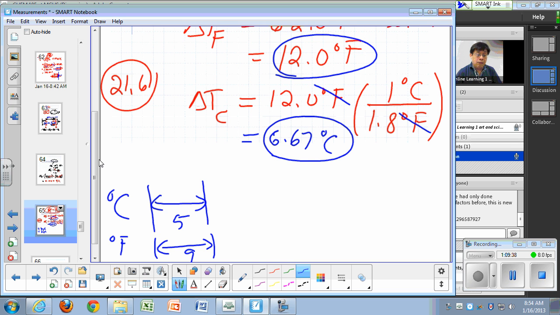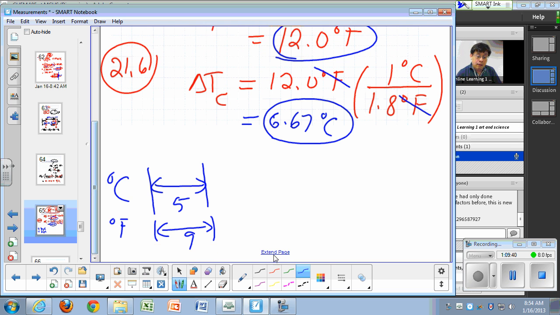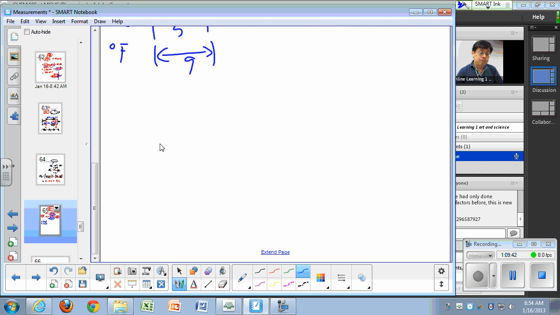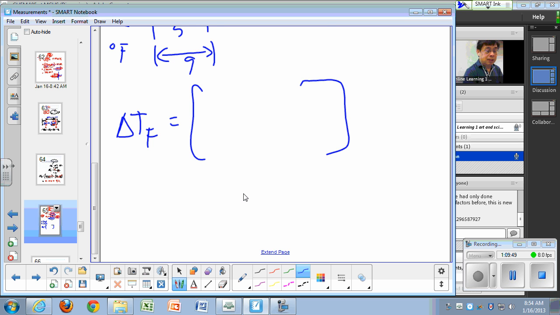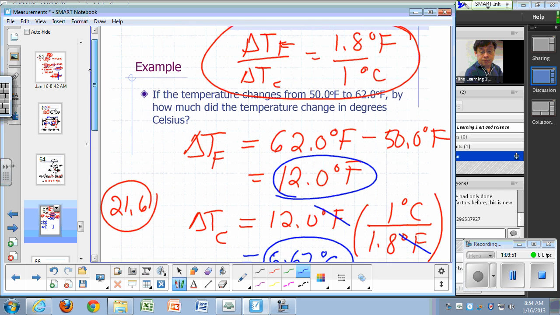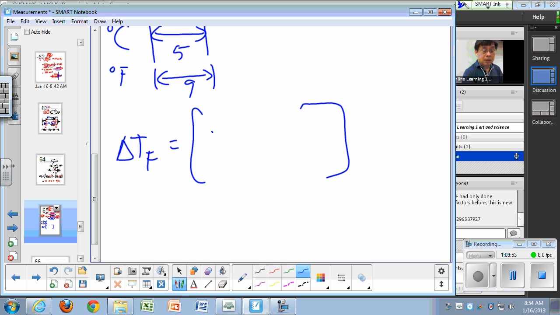Now, if you want to do this the long way, here's what you would do. Delta T Fahrenheit. What's the final reading in Fahrenheit? What was our Celsius reading? 62. So 62 times 1.8 plus 32. That's your final Celsius.